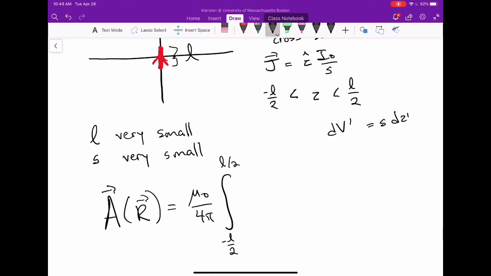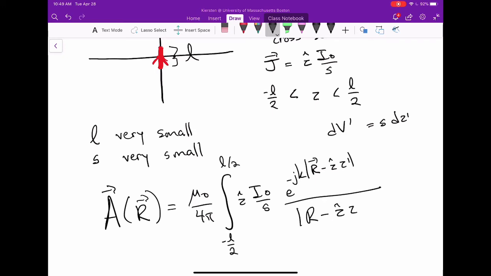Then we've got z hat I naught over S, e to the minus j k |r minus z hat z prime|, over |r minus z hat z prime|, S dz prime.